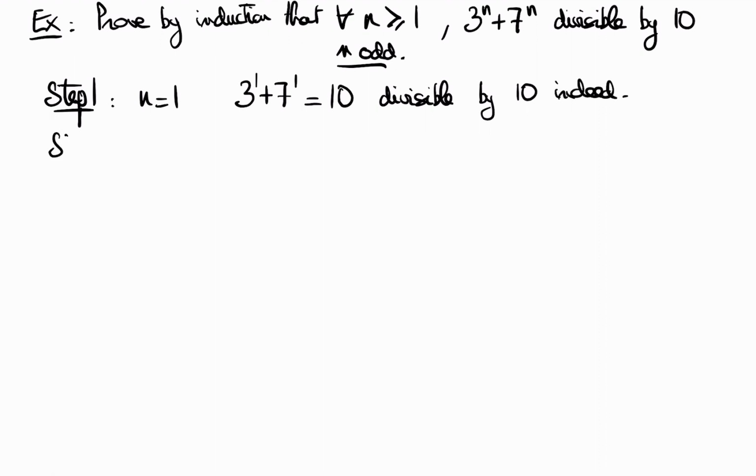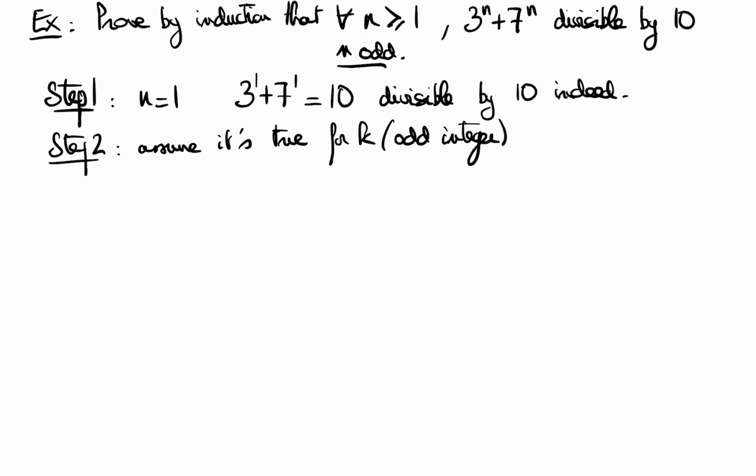Now, step 2, we assume it's true for k, where k is an odd integer. So that means that 3 power of k plus 7 power of k is equal to 10p, where p is an integer.